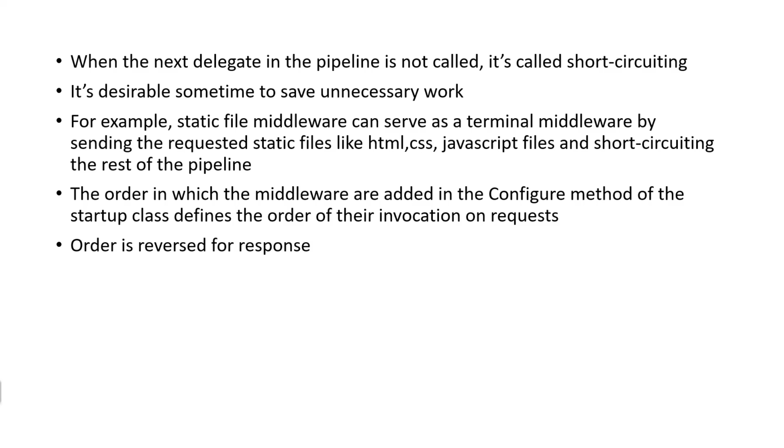Once the static file middleware is called, the response is a static file that is served to the browser, so we don't need to pass it on to the next middleware. The order in which the middleware are added in the Configure method of the Startup class defines the order of their invocation on requests, and the order is reversed for the response. Okay, so we'll stop at that.